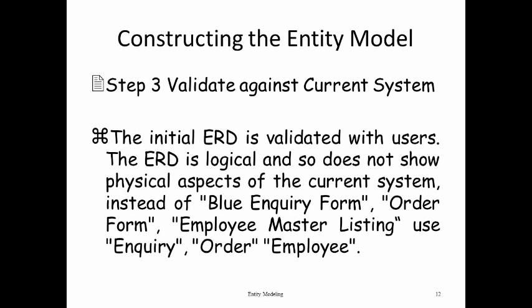There is also validation, that is, you need to validate against the current system. Look at what current system they already have in place. Then see if there is anything you can borrow from the current system that can be applicable as you come up with your own ERD diagrams.